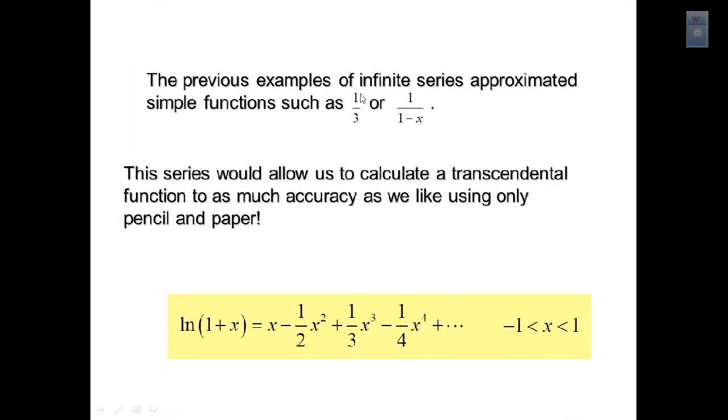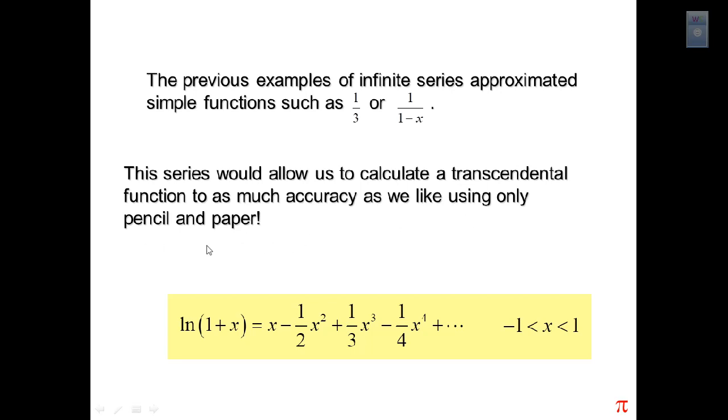Now, the previous examples of infinite series approximated simple functions such as 1/3 or 1 over 1 minus x. Now, this series would actually allow us to calculate a transcendental function to as much accuracy as we like using only pencil and paper.